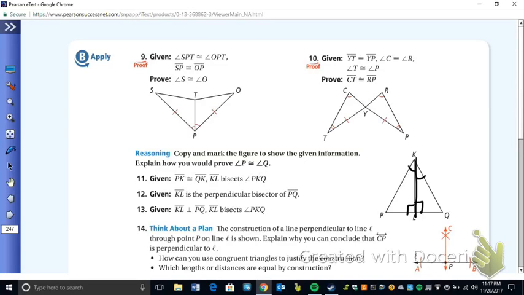So here we have that one side going down the middle, and you have congruent angles on either side in both triangles. So that's going to give you angle, side, angle. Again, it's angle, side, angle, not angle, angle, side, because the side is in between the two angles.